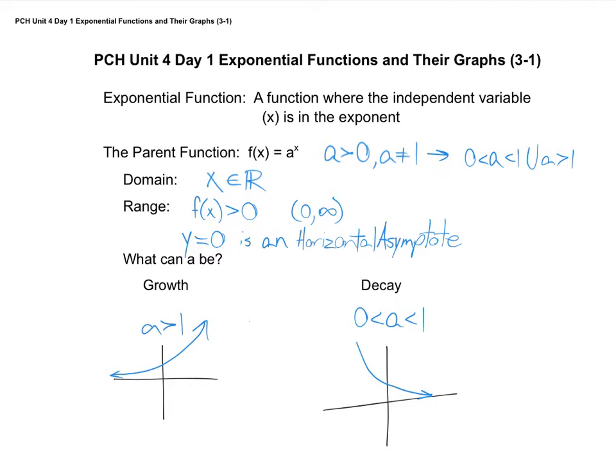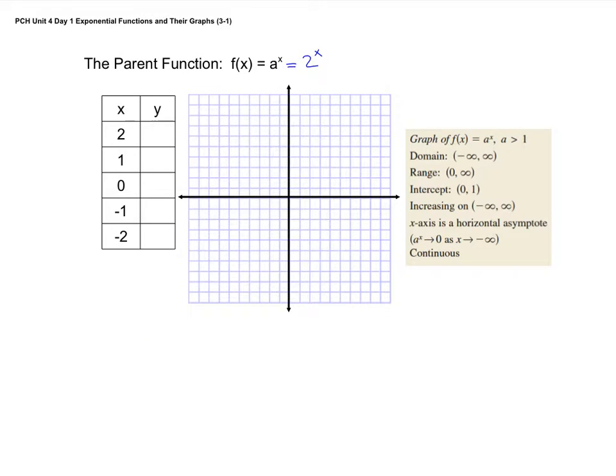Alright, so let's consider our parent function with a base of 2. So we have 2 to the x here. Let's graph this first of all by finding a few points. So if x is 2, what does y equal? 4. Okay, so we have (2, 4).